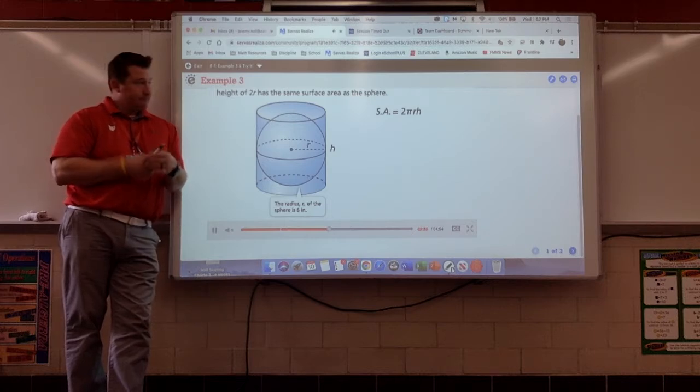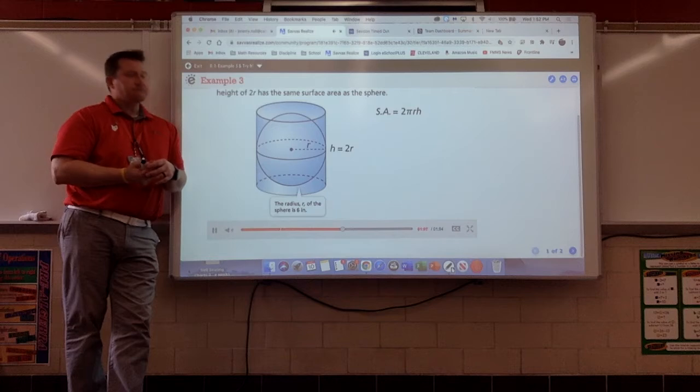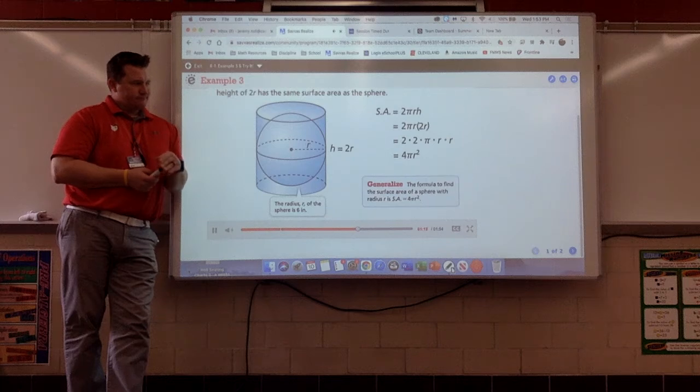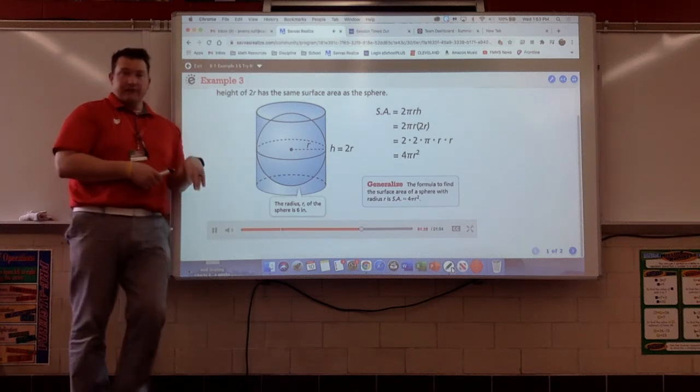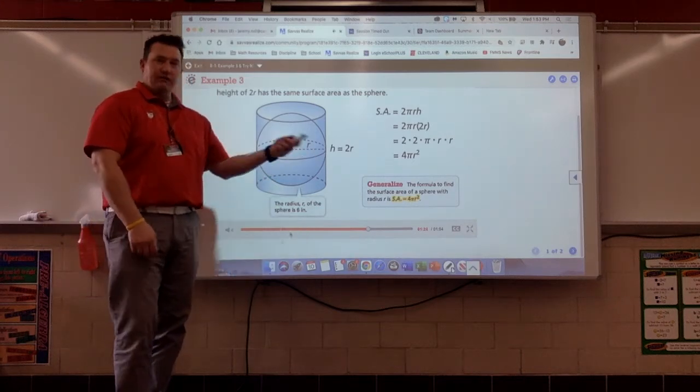An open cylinder with the same radius as a sphere and a height of 2r has the same surface area as the sphere. So, to find the surface area of the sphere, substitute 2r for h in the formula, and then simplify the expression. The result shows the formula for the surface area of a sphere, which is 4 times pi times the radius r squared.